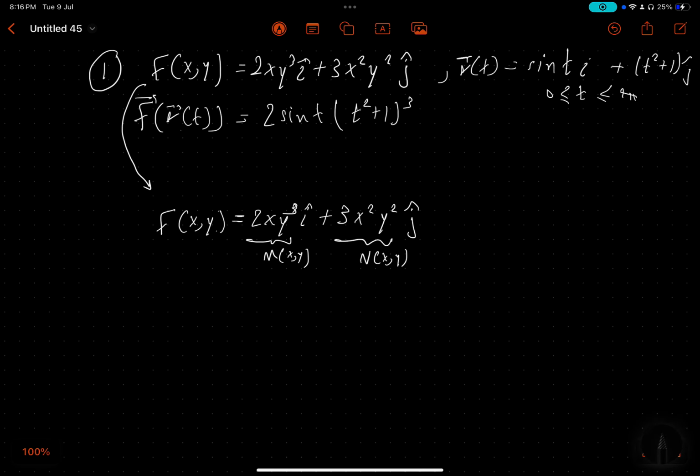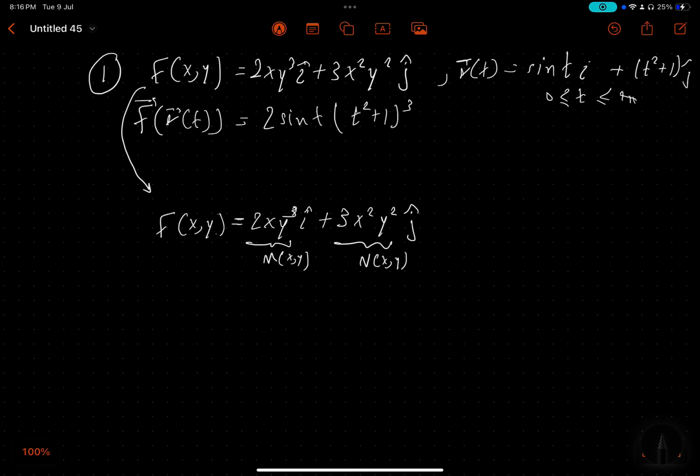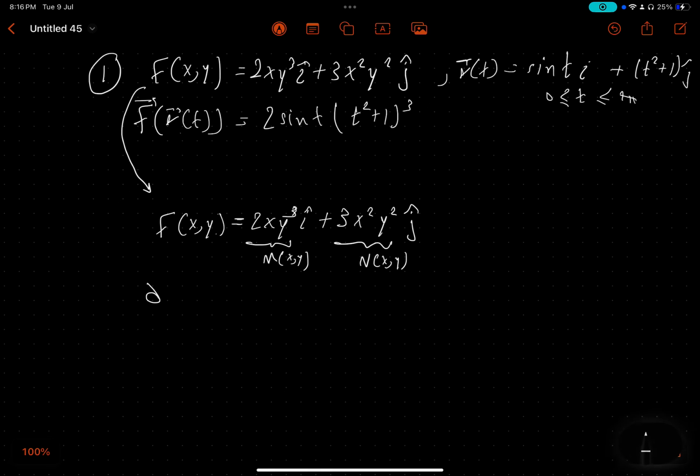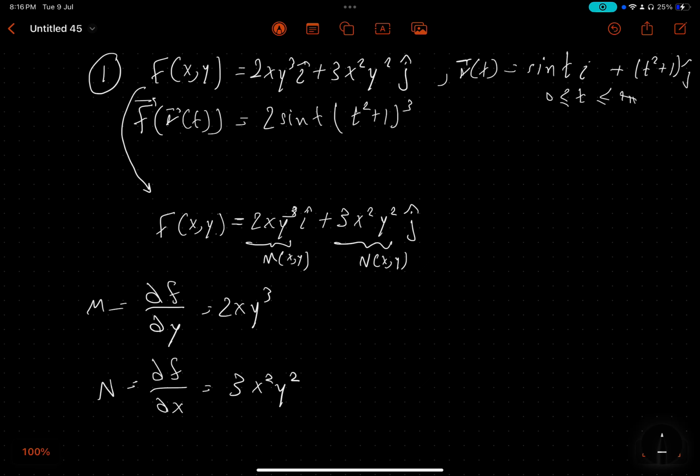Now let's delete this. I'll tell you exactly: I was on the right track. So basically df over dy is just 2xy cubed. That's how we do it when we check for conservative or not. And we also have df over dx equal to n, this is equal to m, and so now this should be really it.